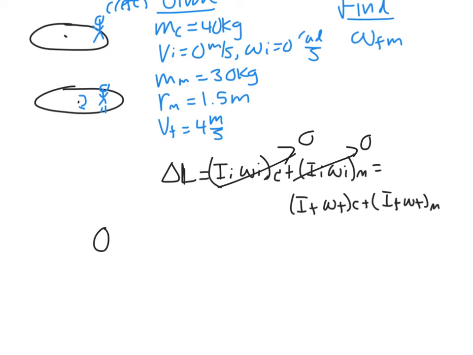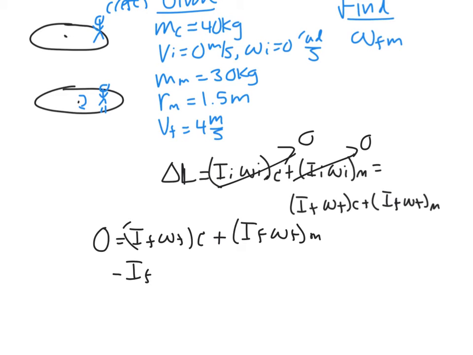So that means that 0 equals I final, omega final for the child, plus I final, omega final for the merry-go-round. So therefore these are equal to each other, just one's negative.